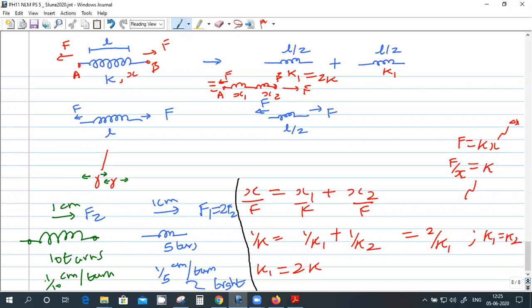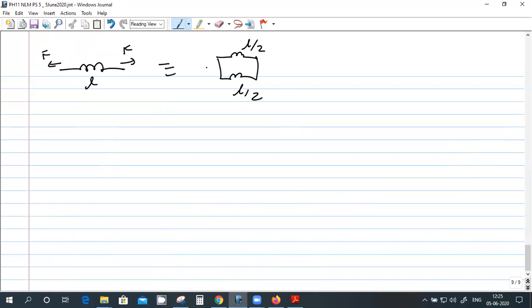And the opposite is true for a parallel spring. If I take a spring like this, this is of length L, and I split it into two halves, L by 2 and L by 2. Now I'm applying the force F between these two points. The points are the same.